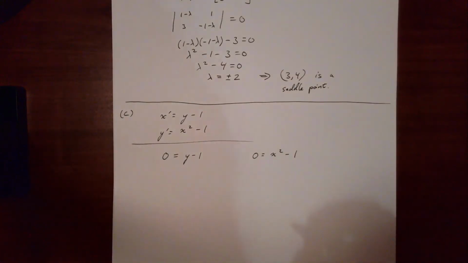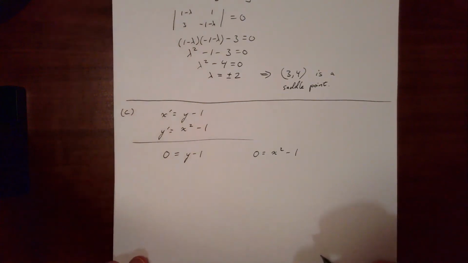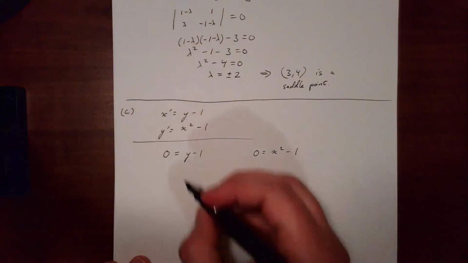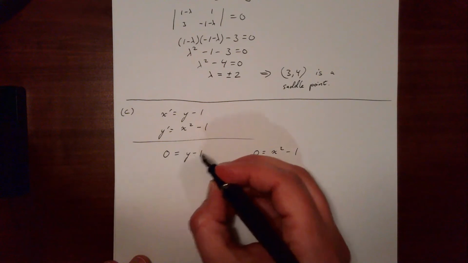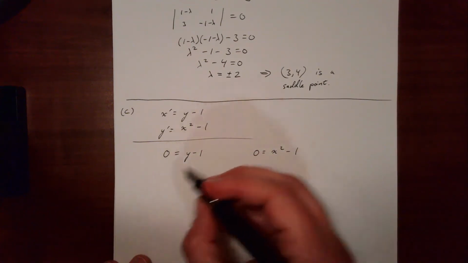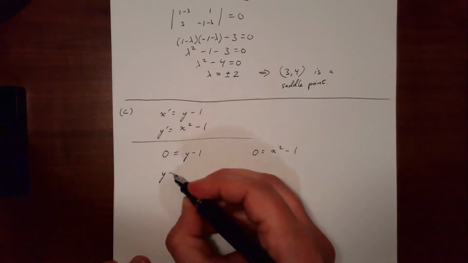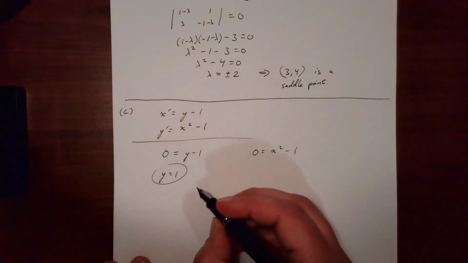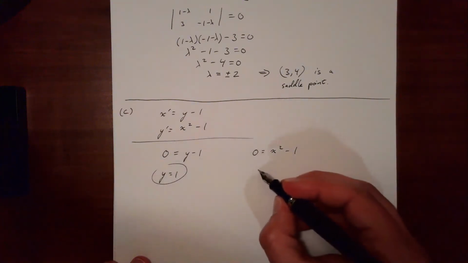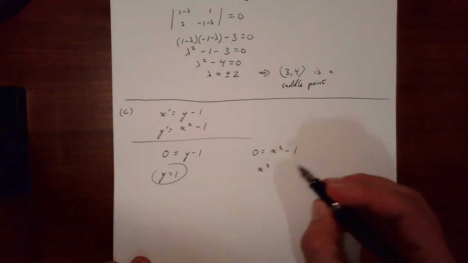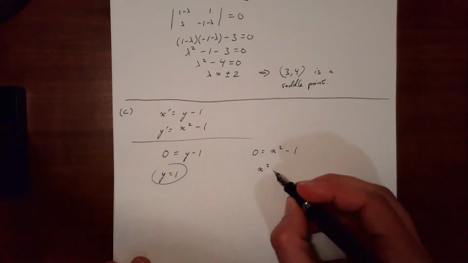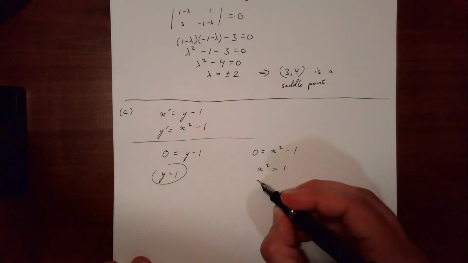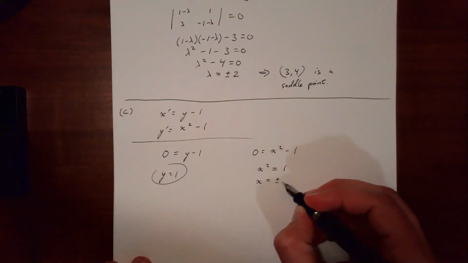And once again here, now that we're extra nonlinear, don't go around using the techniques of linear algebra really. Instead, just solve and substitute. So here y equals 1. Good to know. Here, there's no y to plug in, so what we have is x squared equals 1, so x equals plus or minus 1.